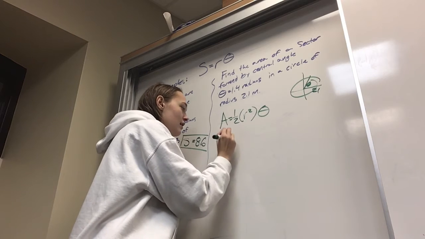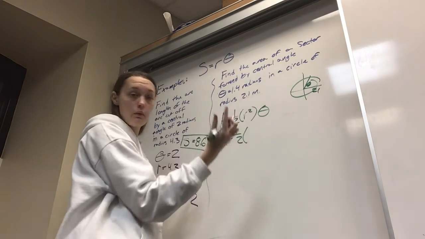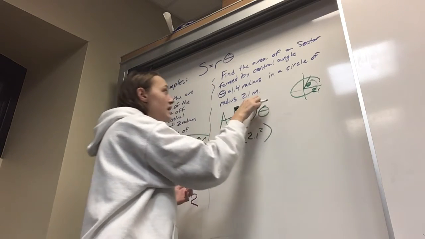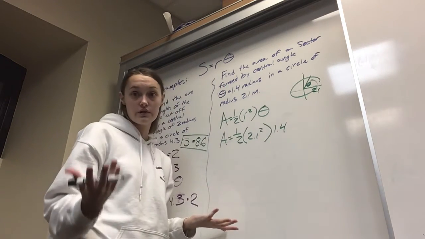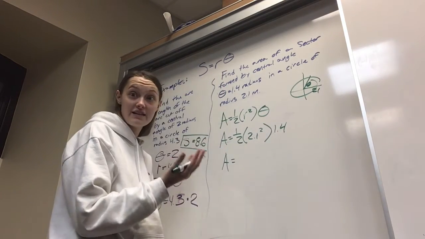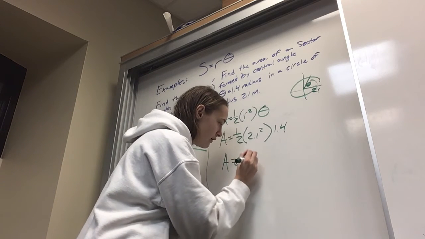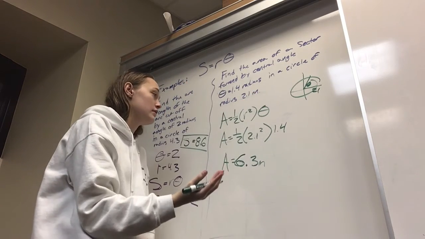So we have A equals 1/2, we know that r is 2.1 squared times theta, which is 1.4. And then if we use our calculator, we find that A is equal to 6.3. 6.3 meters, because the radius of the circle is in meters.